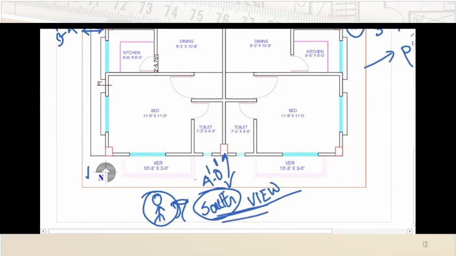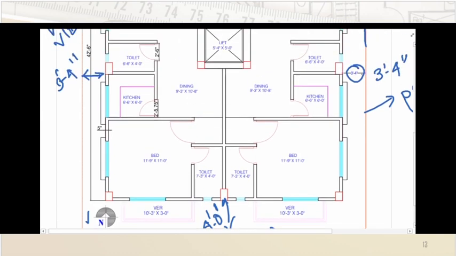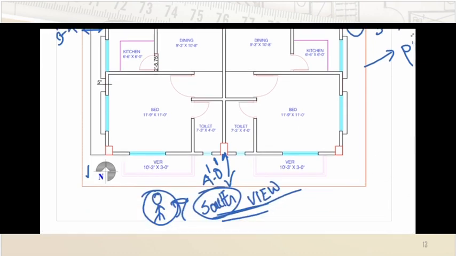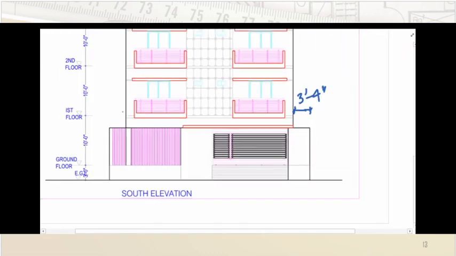From this you can see this 3 feet 4 inch and this 3 feet 4 inch, and that's why we have placed 3 feet 4 inch, and this will be 3 feet 4 inch. However, now look there, this is the boundary wall. This boundary wall has gone up to this point, this portion.